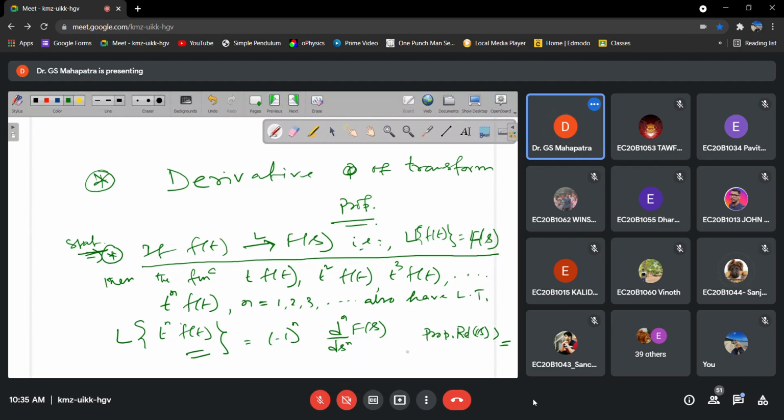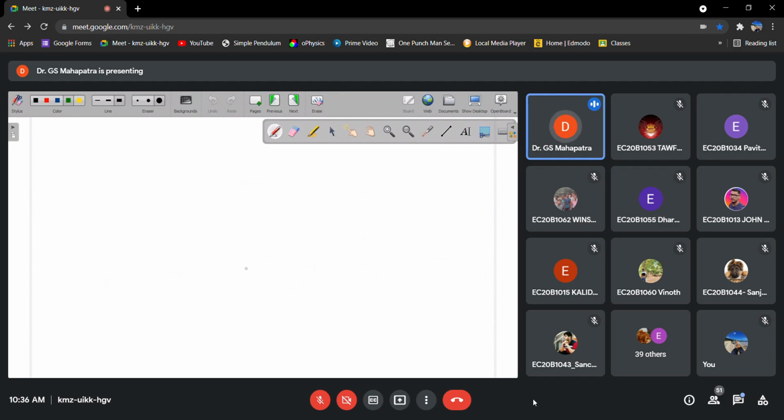So that's all. So now I will go to the blank page, new page. Okay. So what is the next step? Some application, correct? So just a few minutes back, I will tell you what actually the Laplace transform of.